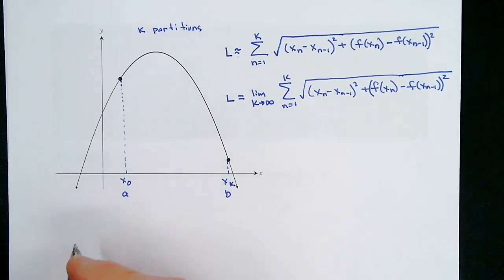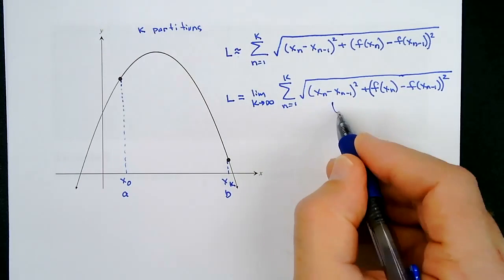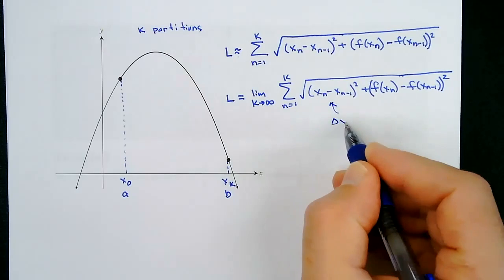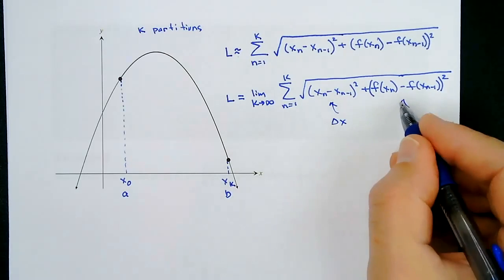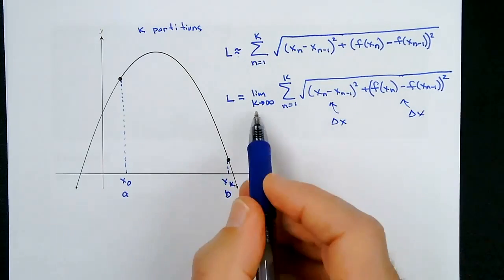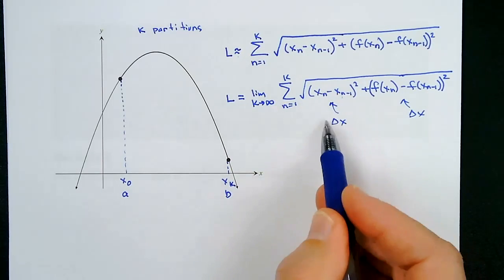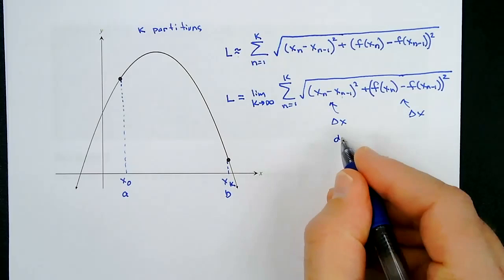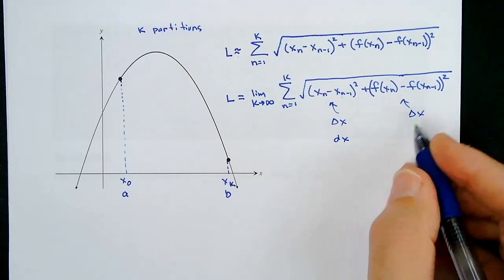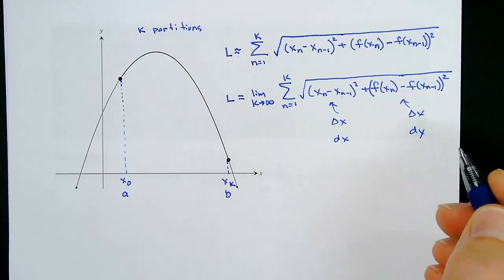All right. So remember, this is our delta x, and this is our delta y. But as k goes to infinity, these get smaller and smaller and smaller. So this delta x right here actually becomes dx, and this becomes dy. All right.